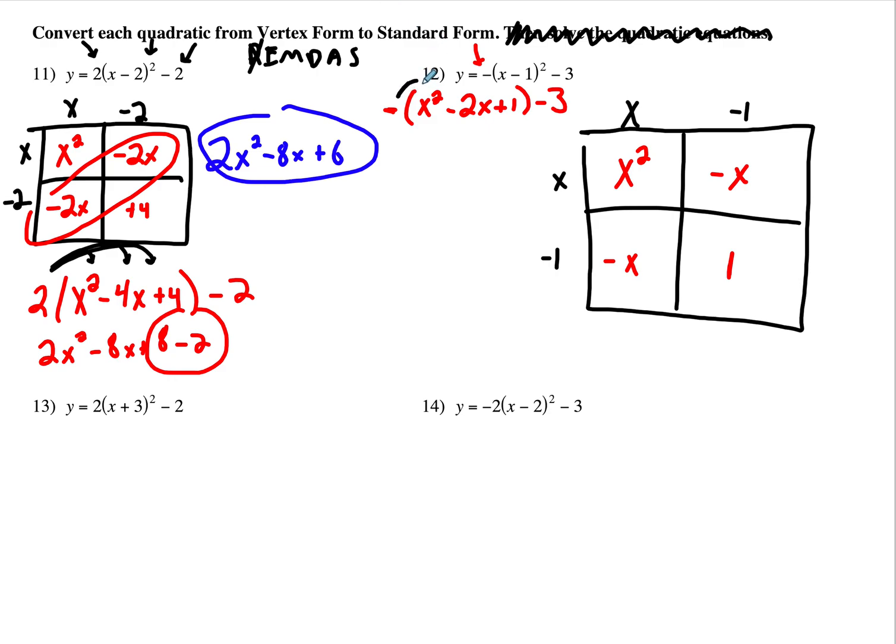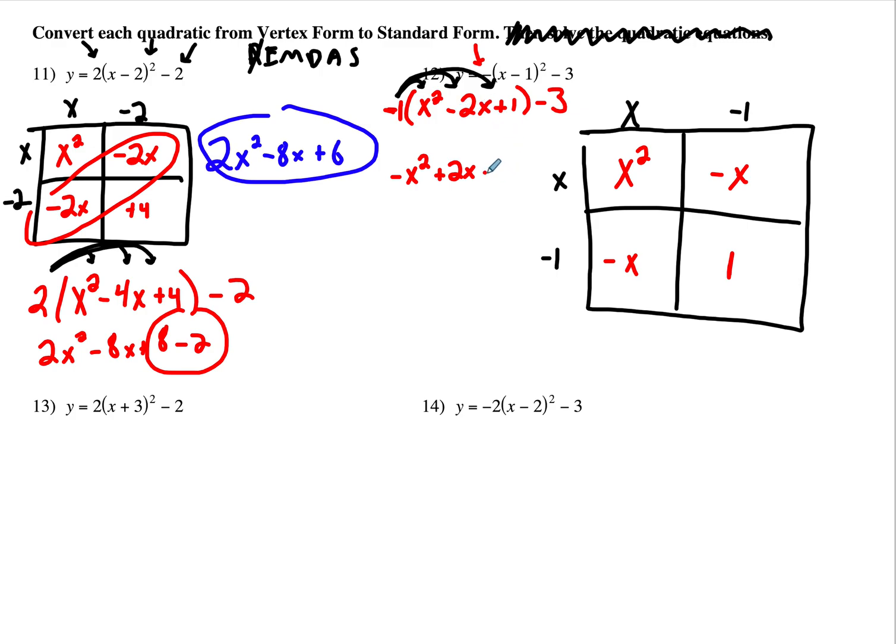As with before, we're going to distribute this negative. So it's like we're doing the multiplication now. Essentially, when you see a negative, think about that like a negative 1. So negative 1 times x squared, negative x squared. Negative 1 times 2x becomes positive 2x.